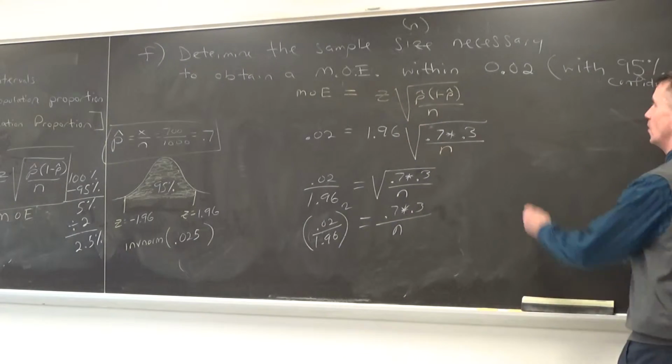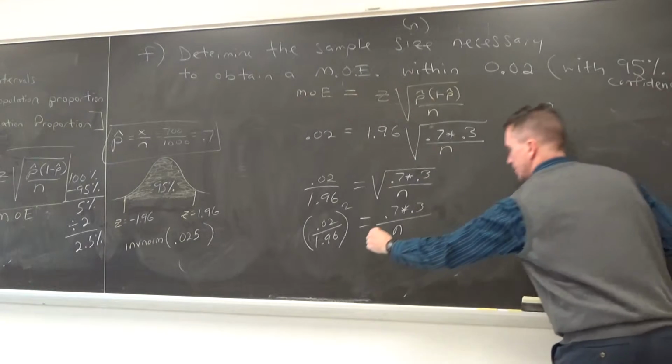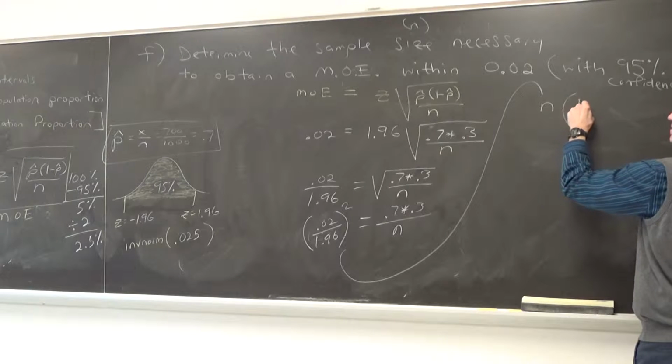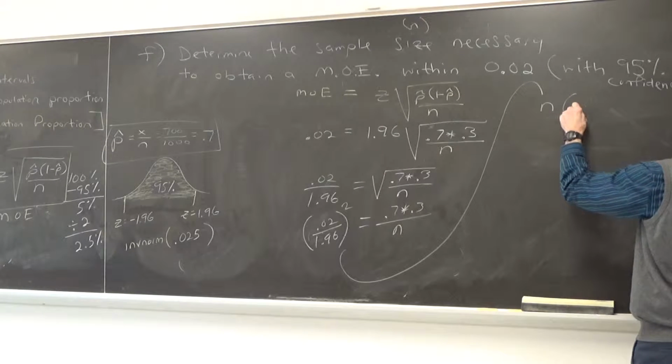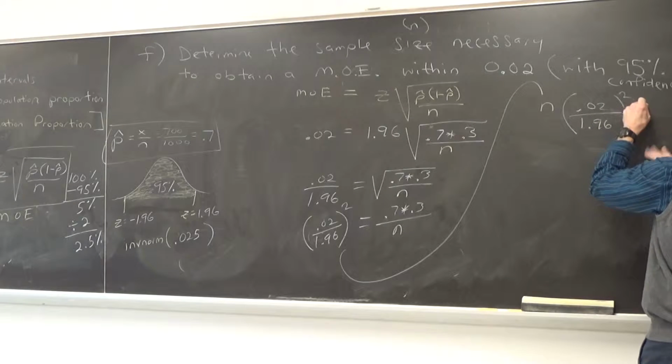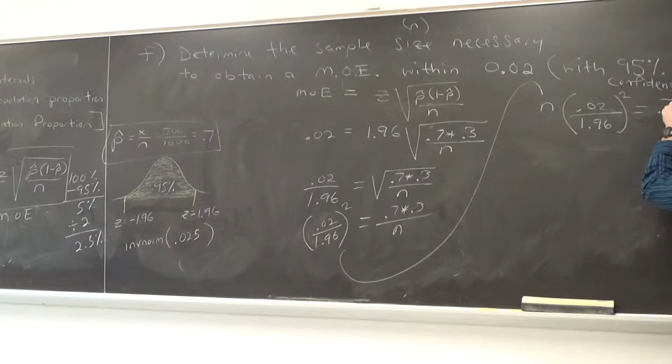I'll continue here, and I'll multiply it to the numerator. 1.96 squared, I'll multiply it on this side. And it disappears off the right side. See how it disappeared? Comes over here. I multiplied it on both sides of the equation.